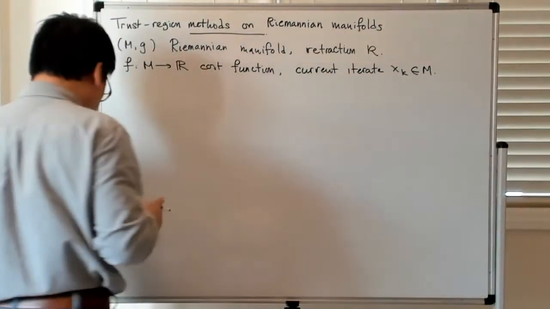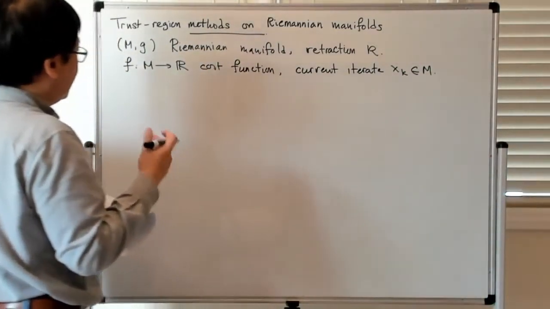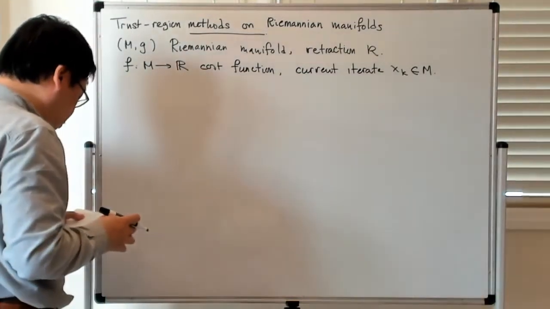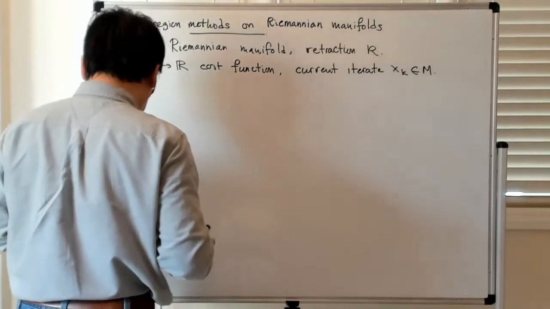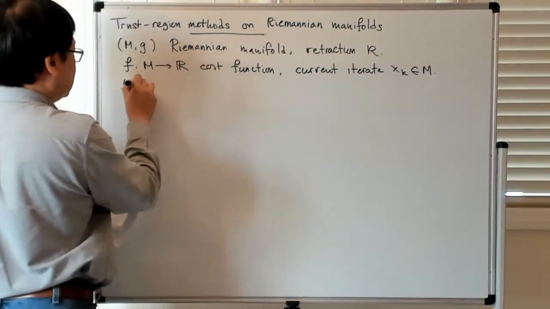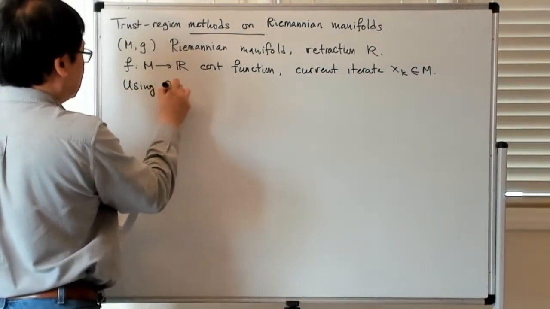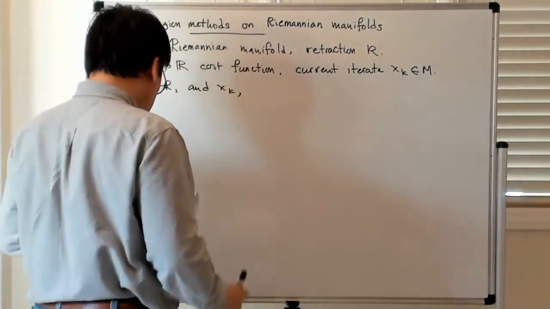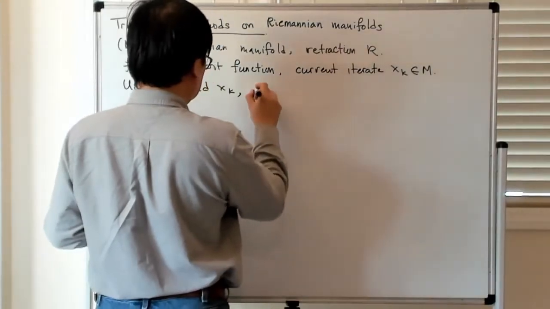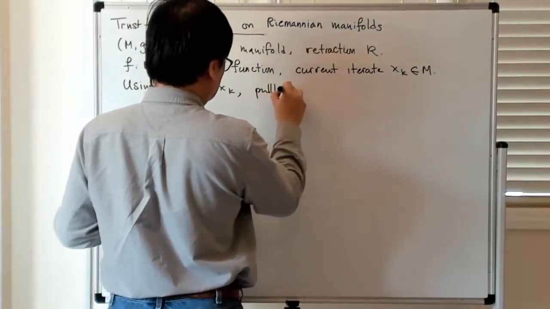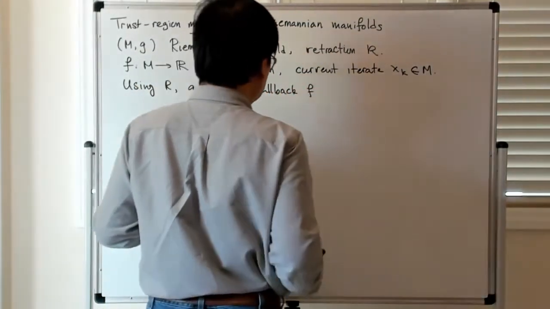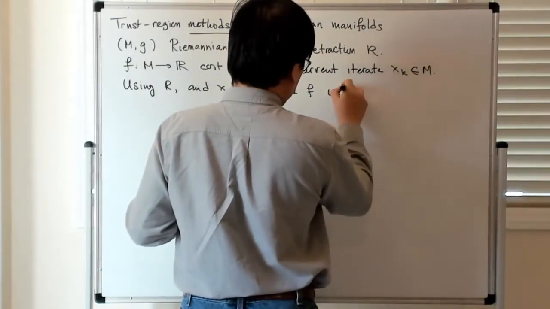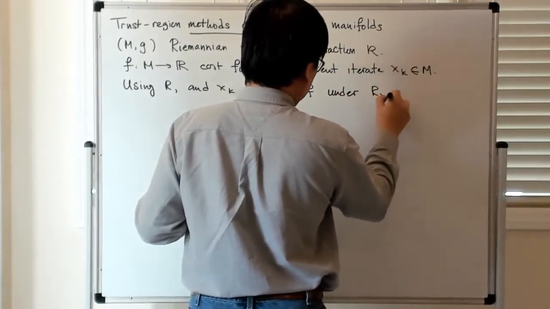So we use the retraction and the iterate to essentially pull back the function f. Using R and xk, we pull back f under R xk.